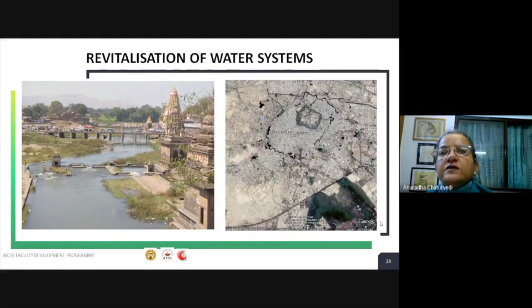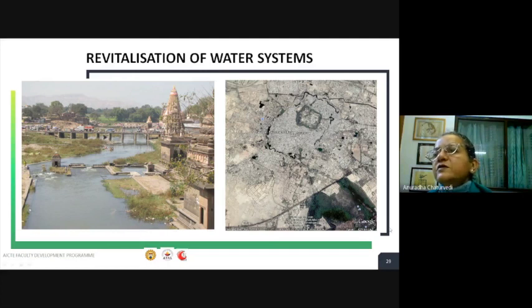On the left, you can see the pilgrim town of Vai, which is linked with a very significant sacred river, the kind of interface between the built portion of the city and the riverfront. So there are all kinds of innovations which have taken place over the last 1,000 years, which are part of the planning of our historic cities, which need to be recognized and integrated into the planning framework of today.